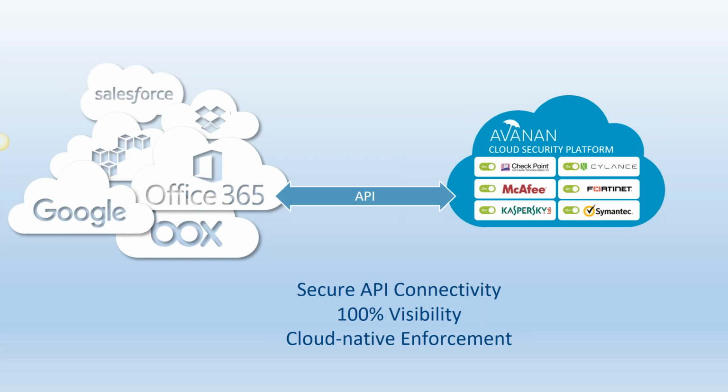Our approach is a little bit unique in the fact that we're leveraging publicly available APIs, both for the cloud-based services, which gives us continual visibility into those environments. We can see emails, attachments, files that are being shared. So continual visibility and the ability there to do historical scans of the SaaS environments.